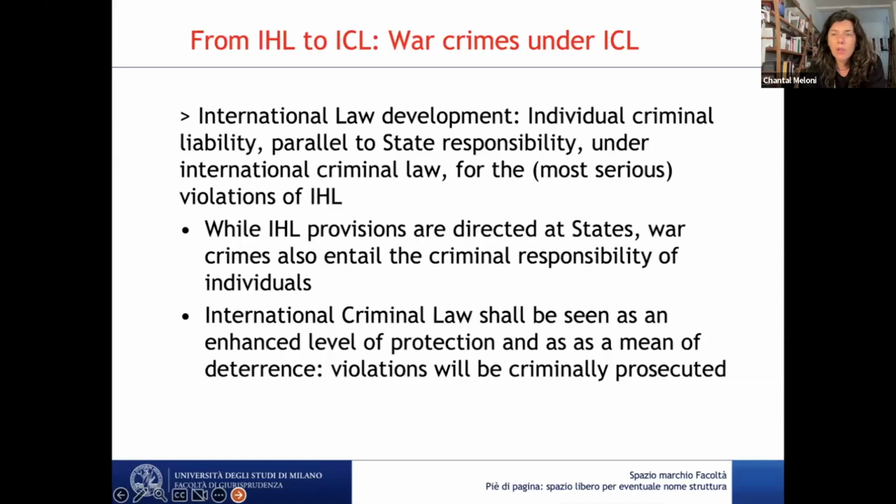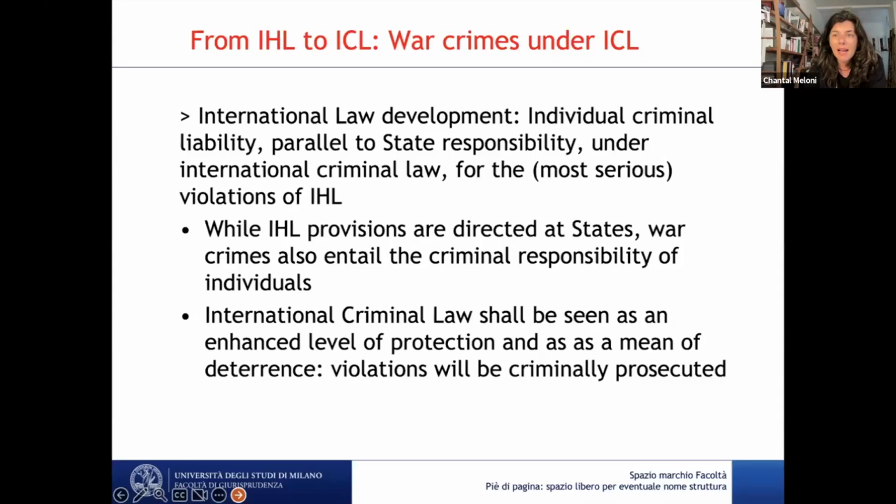So just to repeat a concept that I find really crucial to understand for maybe those of you who don't have basic knowledge about this. In international law, we have two different parallel responsibilities. On the one hand, there is the responsibility of states that is not criminal, it's a civil liability for the commission of war crimes, grave violations of international humanitarian law.